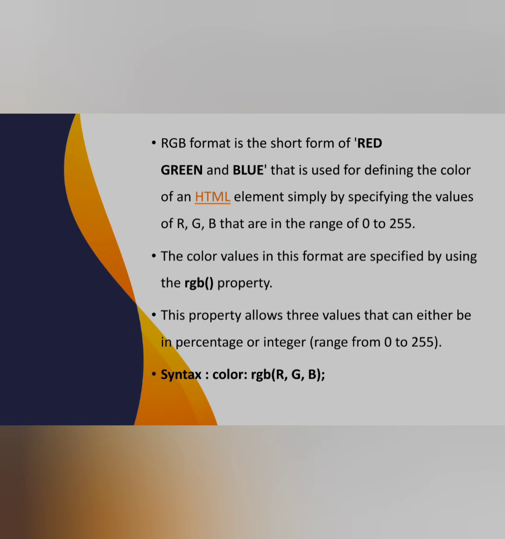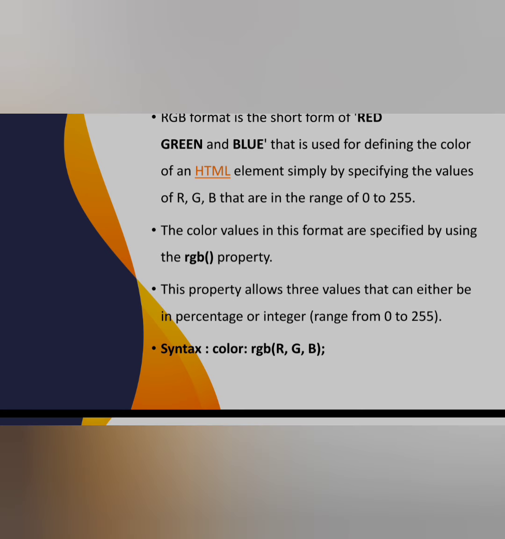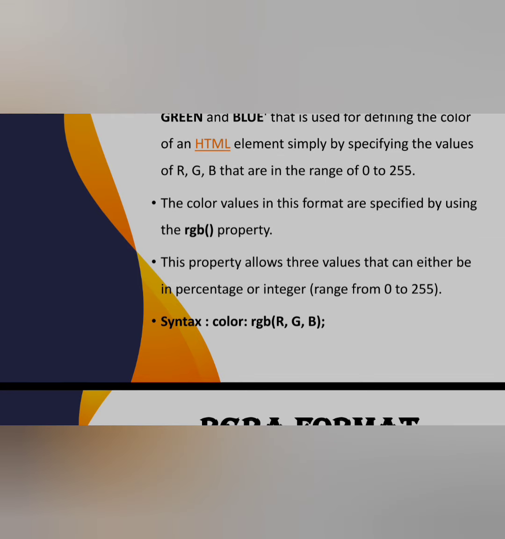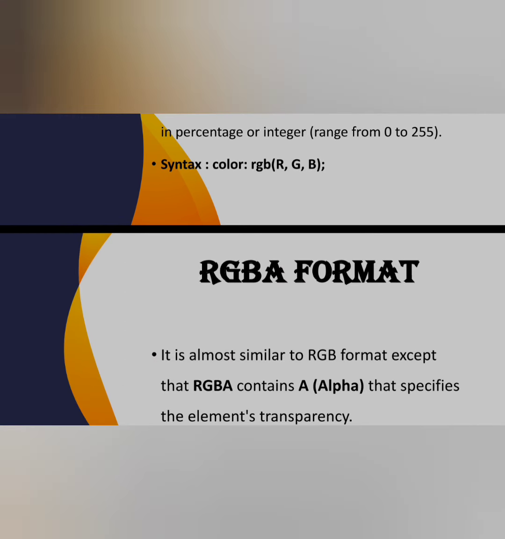RGB format. This format is a short form of red, green and blue. It is used for defining the color of an HTML element simply by specifying the RGB values in the range from 0 to 255. The color values in this format are specified by using the rgb property. This property allows three values that can be either percentage or integer, ranging from 0 to 255.